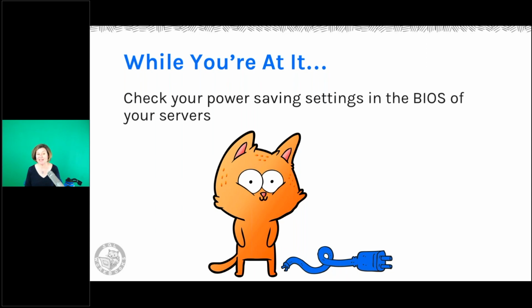Before I devote a lot of time to it, I want to make sure that power savings is not enabled in the BIOS of the host servers. If I'm running directly on physical hardware, I want to check it on that server. If I'm virtualized, I want it checked on the hosts. Don't waste a lot of time tuning MAXDOP if you're not getting all the speed out of the cores possible. This is not just a Windows setting. You need to check in the BIOS of the server if it has power settings disabled, and many servers do ship with this enabled.